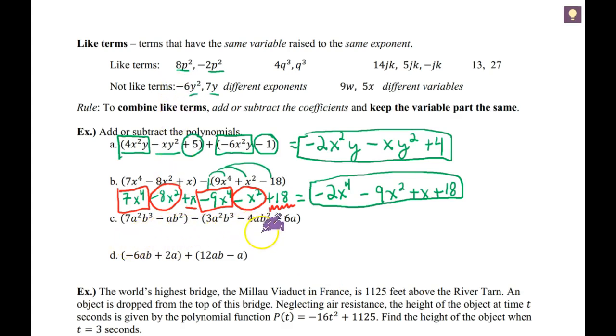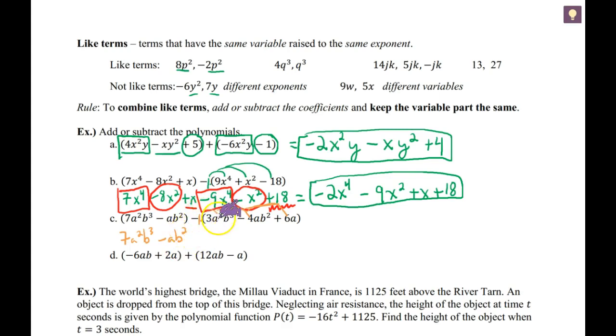Alright, in this next example, I am subtracting, so I have to be sure to distribute a negative 1. The negative 1 is going to go to every term inside my parenthesis here. And the first one stays the same. So I have 7a squared b cubed minus ab squared.